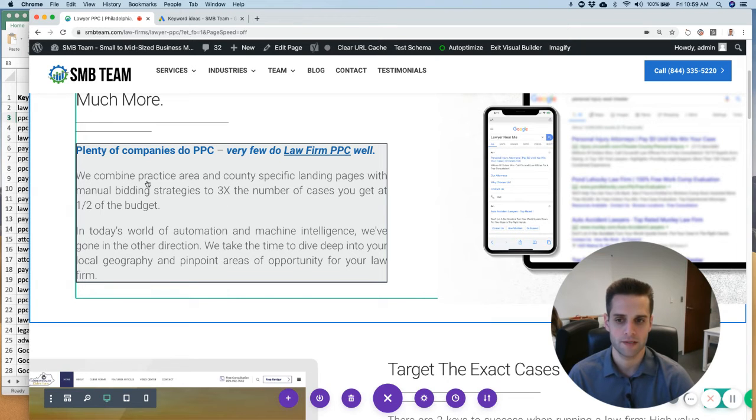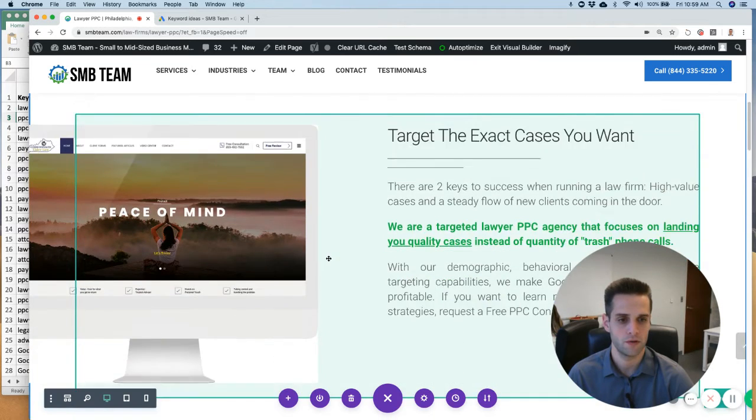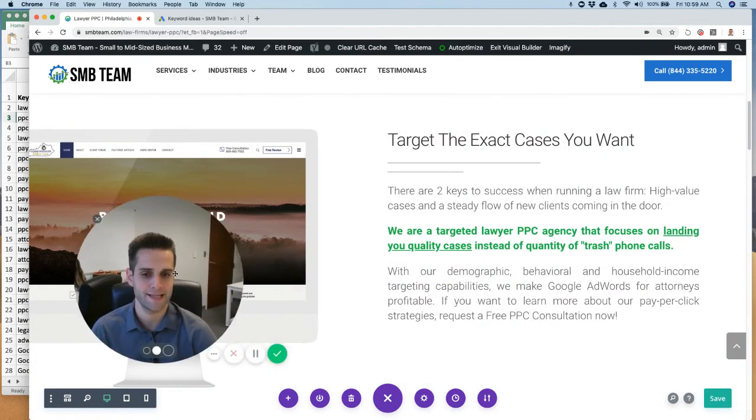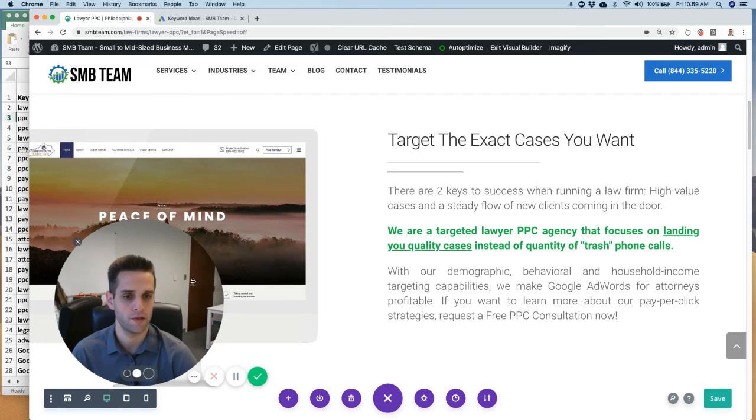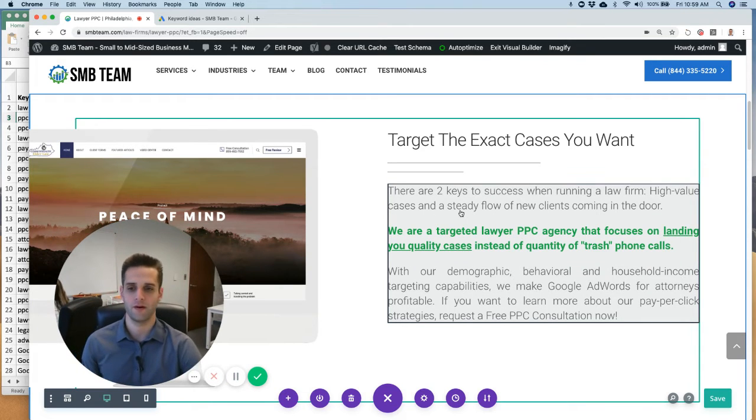So then let's see what we got here. I didn't do anything else for this. Tried to keep it human. Good. Then we have right here, target the exact cases you want. So our copywriter who wrote this didn't put lawyer PPC agency on the page.